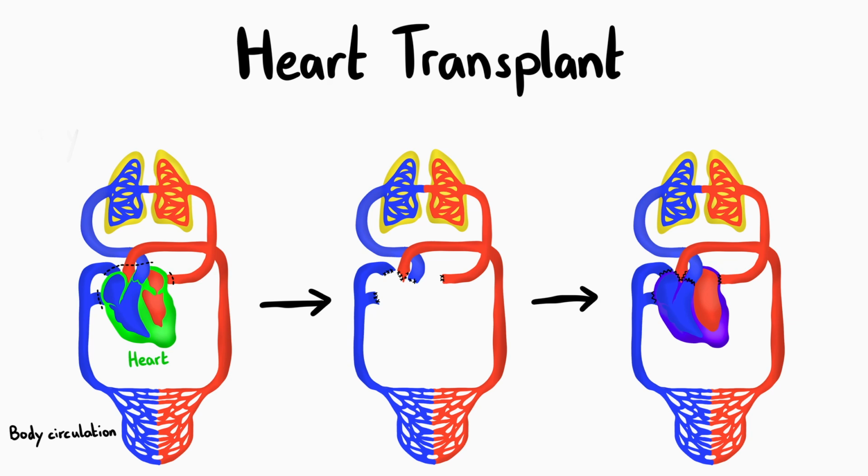Sometimes the heart becomes so weakened that it can no longer pump blood effectively. For patients with severe heart failure, a heart transplant might be the best option. This involves replacing the damaged heart with a healthy donor heart. While this can be life-saving, finding suitable donor hearts is challenging, and patients may wait months or years.